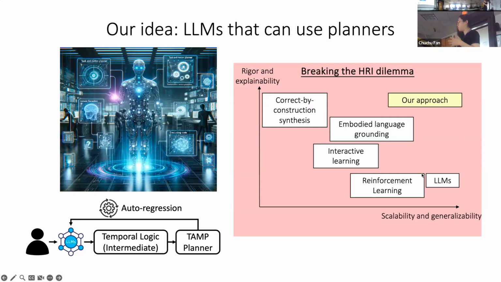And we have the new learning-based approaches like reinforcement learning and large language models. They're good at scaling to much more complicated environments, but they are not rigorous and explainable. So in this work we're trying to bring these different advantages from different domains together to have something that is both rigorous and explainable at the same time and that can generalize.